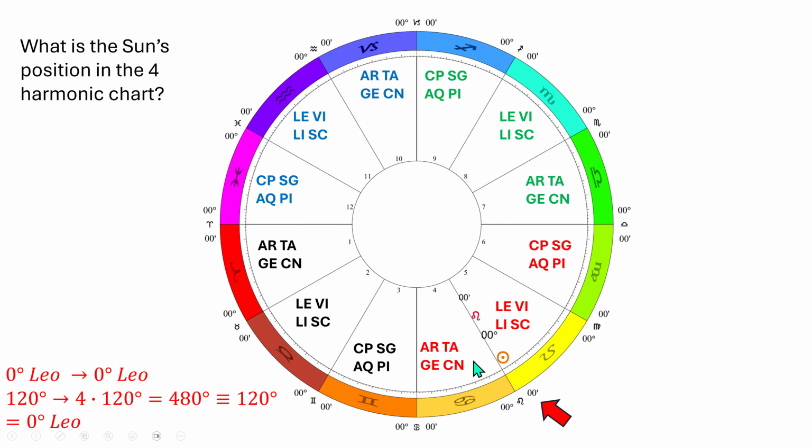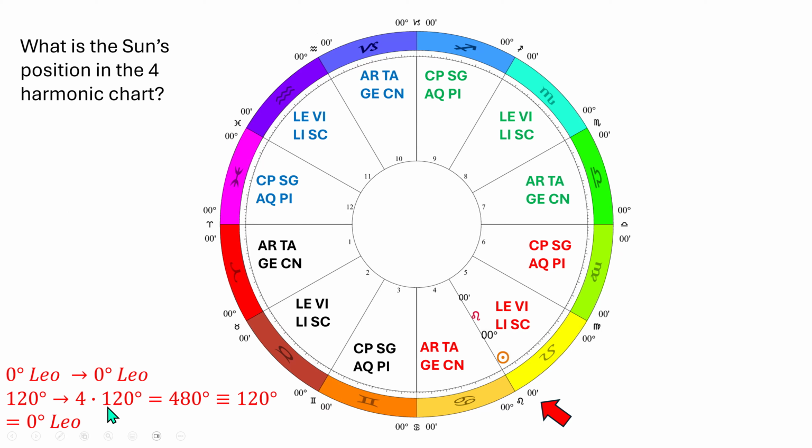Okay, in the 4 harmonic, it looks like 0 degrees Leo remains fixed at 0 degrees Leo. And sure enough, if I multiply this 120 degree angle by 4, notice that we can always take our angular distance from Aries, multiply by the harmonic, and that gives us what we're looking for.